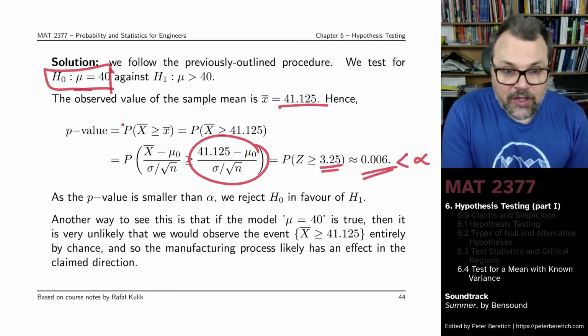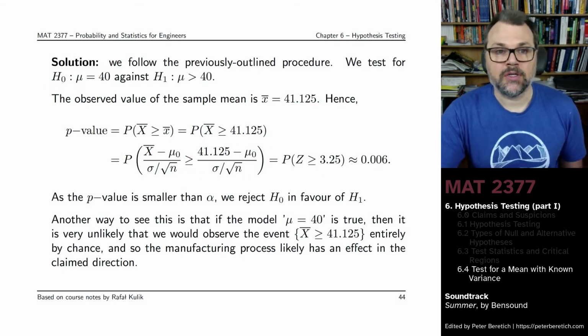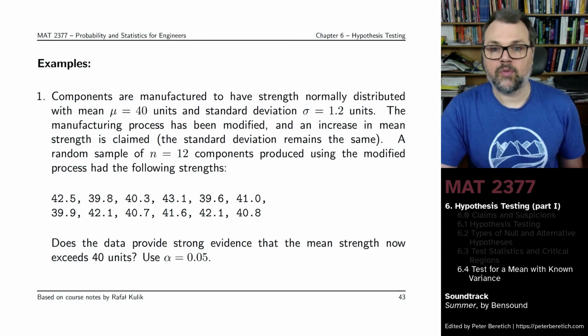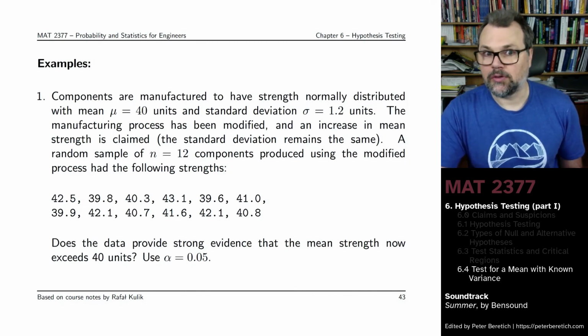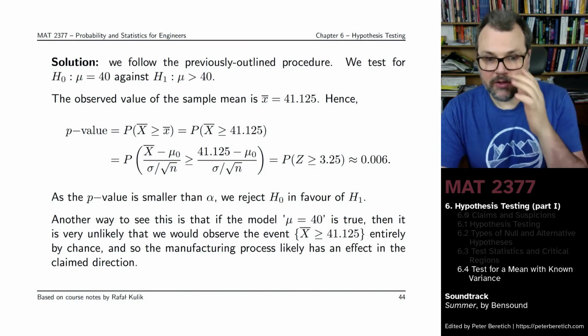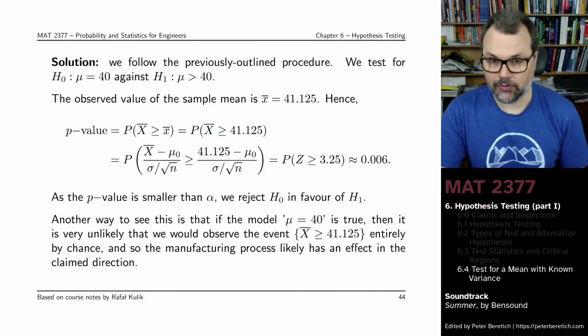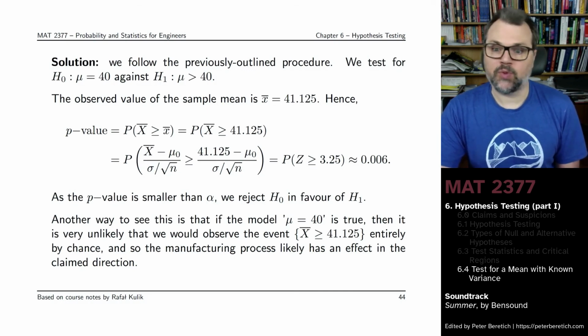All of these are equalities here because the strengths were normally distributed, so we don't have to worry about approximations. Another way to look at this is that if the null hypothesis was true, if the true population mean was indeed 40, then it's quite unlikely that you would observe a sample mean greater than the one we had observed, if only by chance.